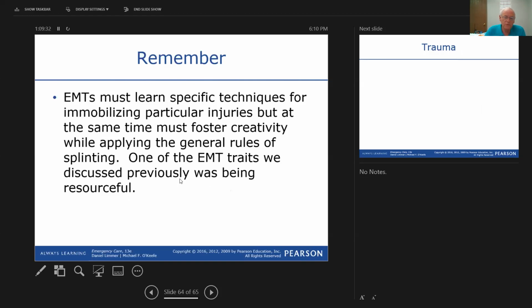And that comes with experience, okay? 3 phases of your training, okay? The stuff we teach you in lecture, the stuff we teach you in practice time, and the stuff you learn once you get out on the streets and start taking care of patients. Okay, when you come out of the class, you're not going to be a good EMT. You're going to be entry level EMT. You need to keep at it to become a good EMT.